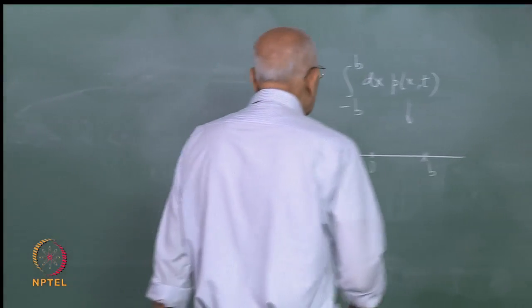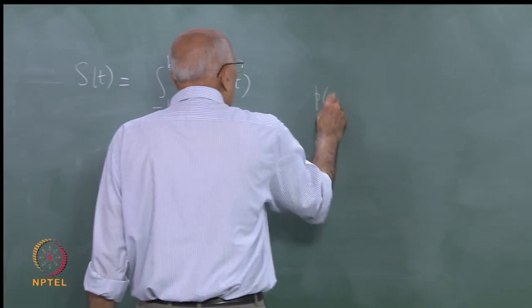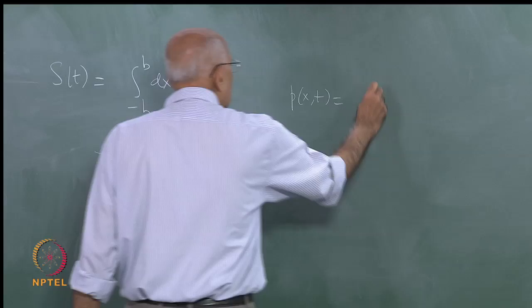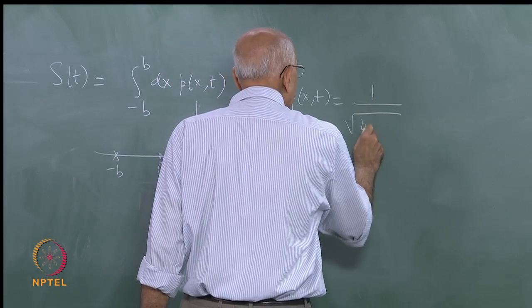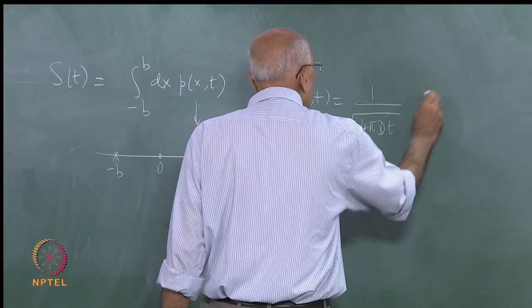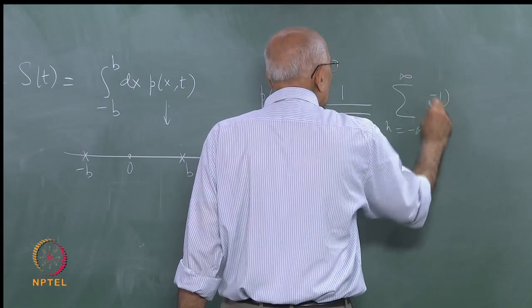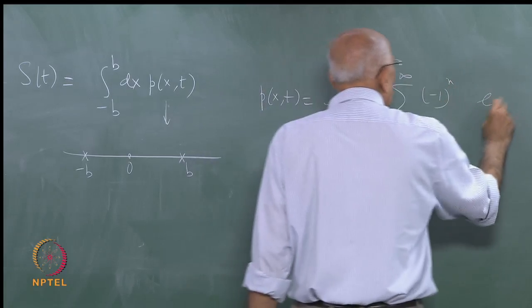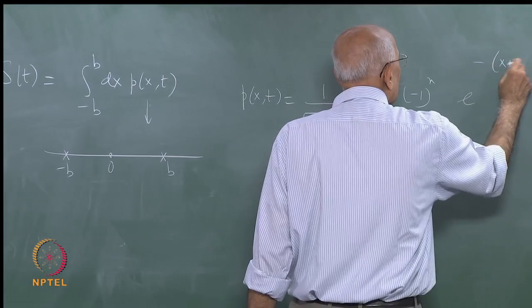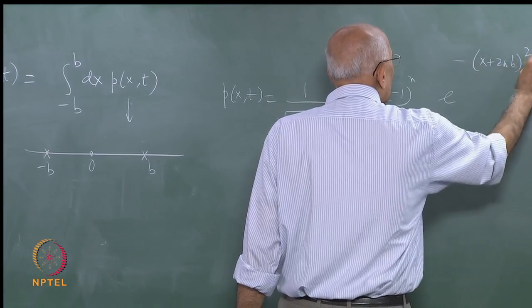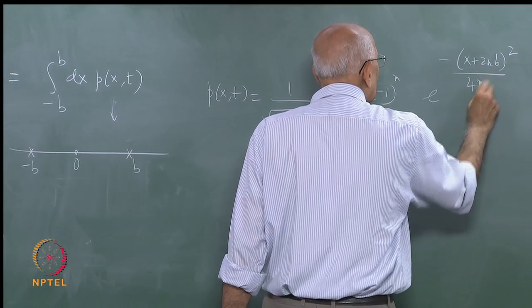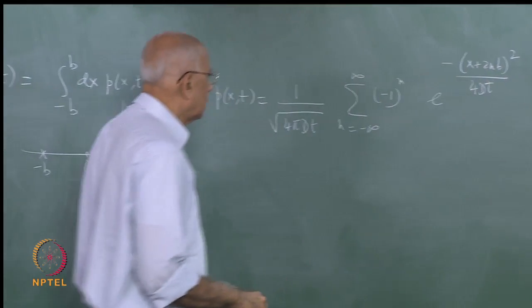Okay. Now as I have said already, p of x comma t is this quantity, minus 1 to the power n e to the minus, that's correct, over 4 dt. Okay.